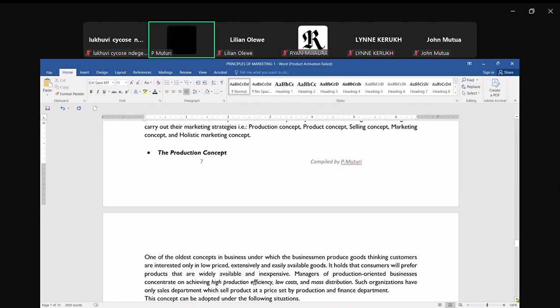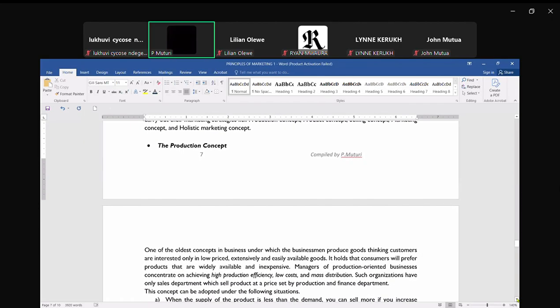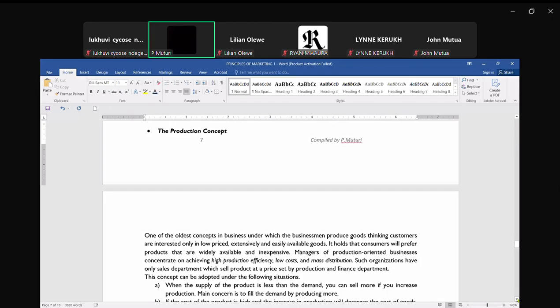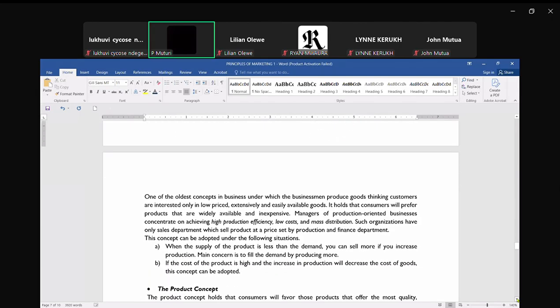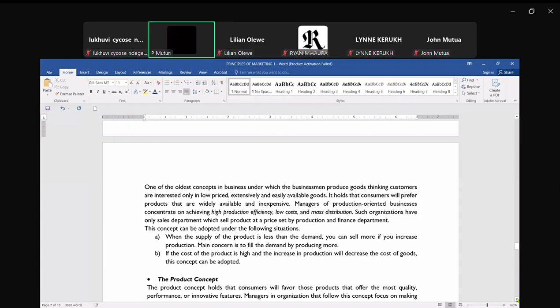So the first of these philosophies or orientations of marketing is the production philosophy or the production concept. It's one of the oldest thinkings around marketing, one of the oldest schools of thought, one of the oldest concepts in business, under which businessmen produce goods thinking that customers are interested only in low priced and easily available products. So this orientation or philosophy holds that.